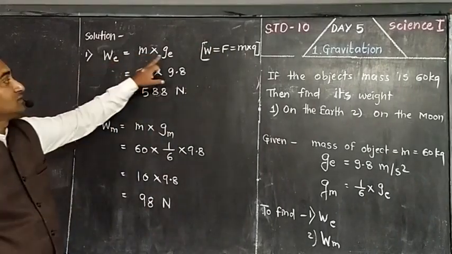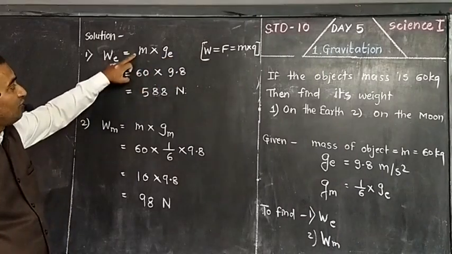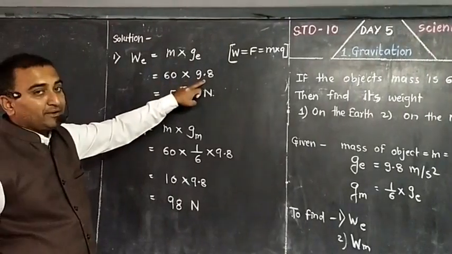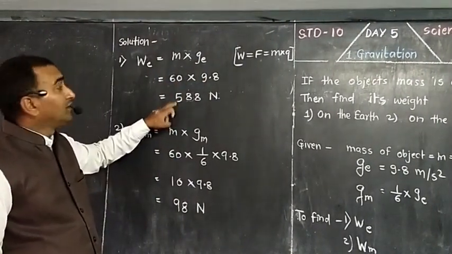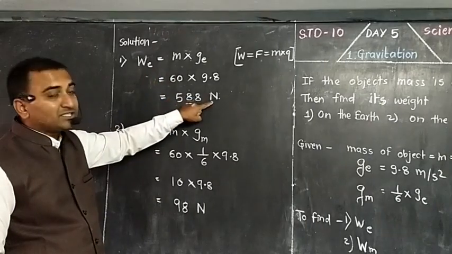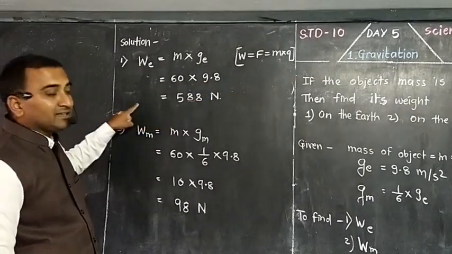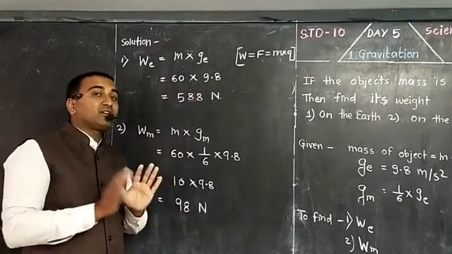Weight on Earth, so acceleration due to gravity on Earth. So value of m is 60, value of g on Earth is 9.8, and multiplication of this is 588. Weight is measured in Newton, and so final answer we are getting 588 Newton is the weight on the Earth.